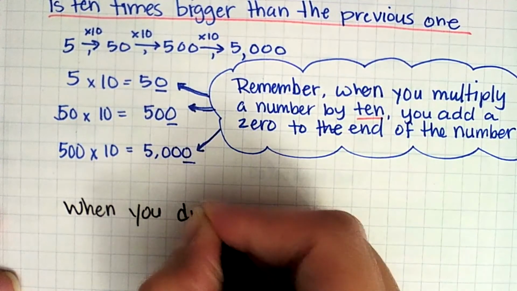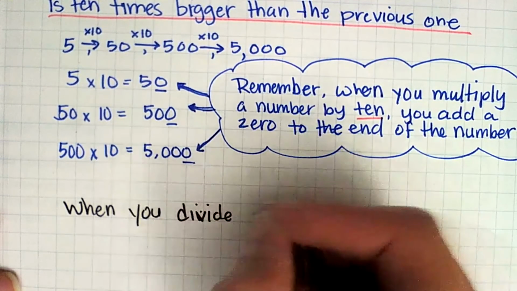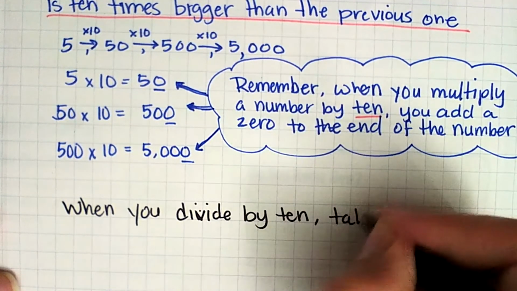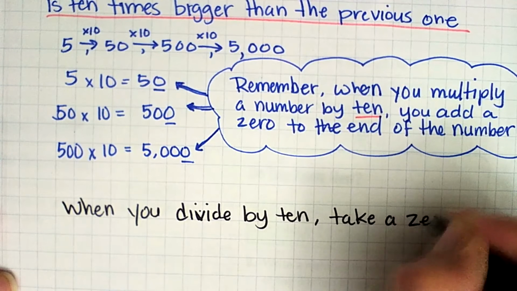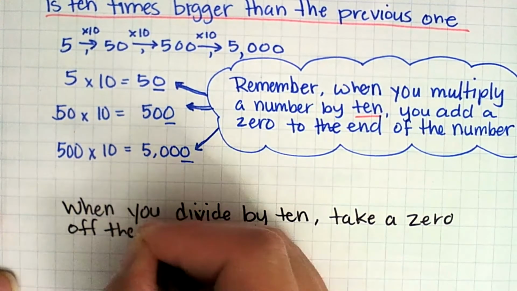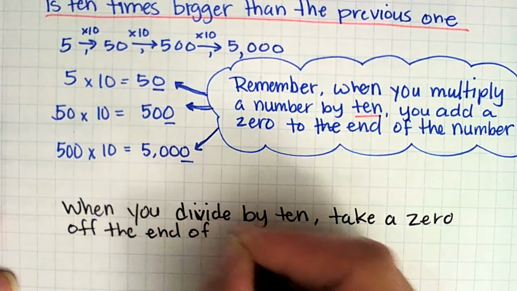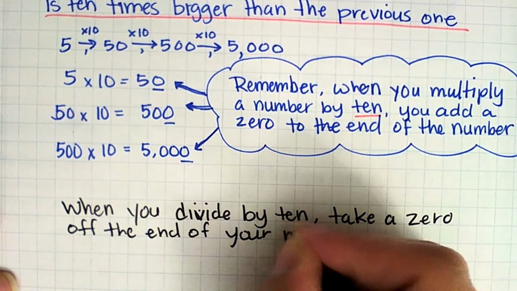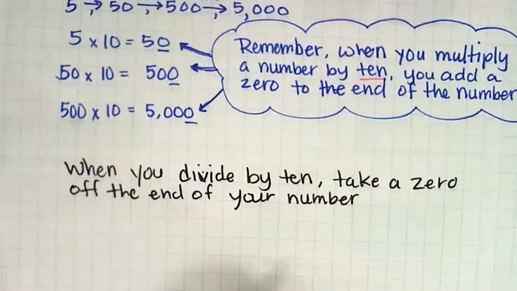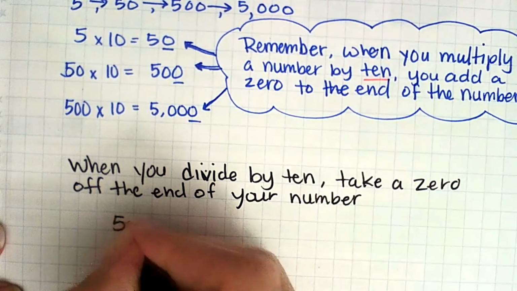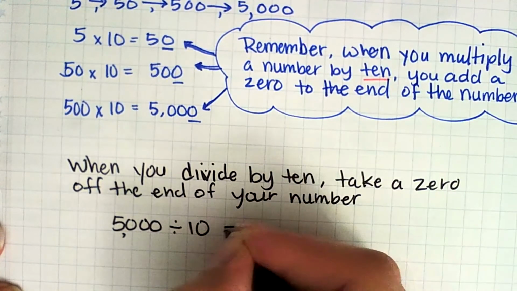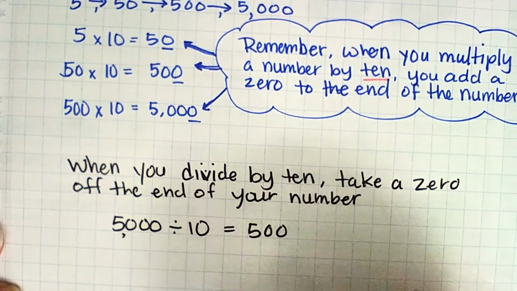When you divide by 10, take a 0 off the end of your number. Now this obviously only works if there's a 0 at the end of your number. So if you have 5,000 divided by 10, you end up with 500.